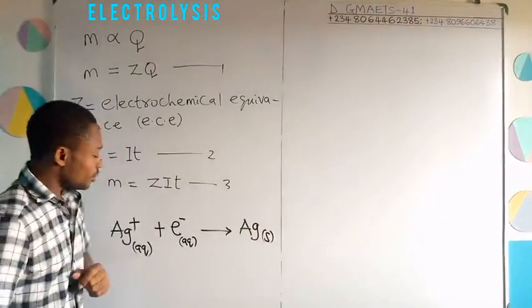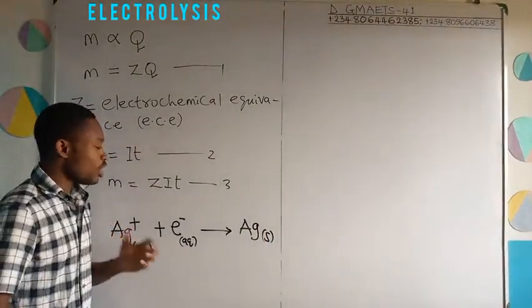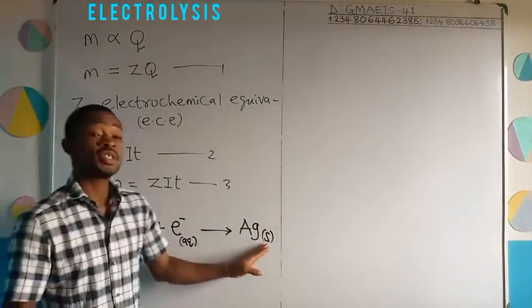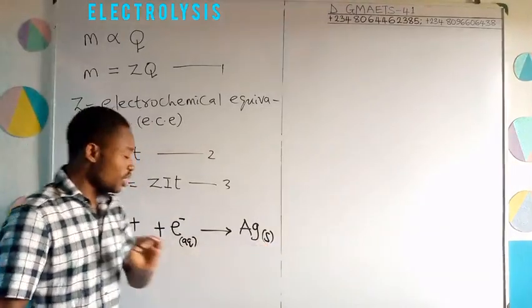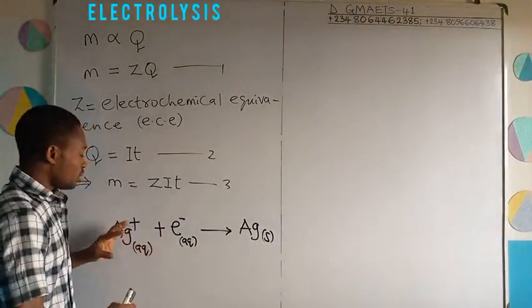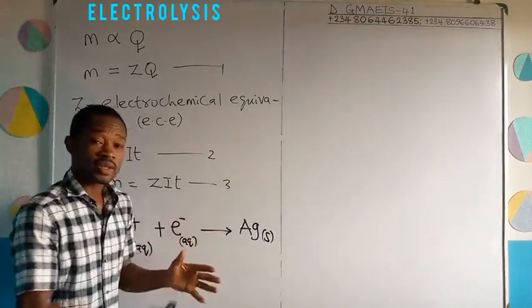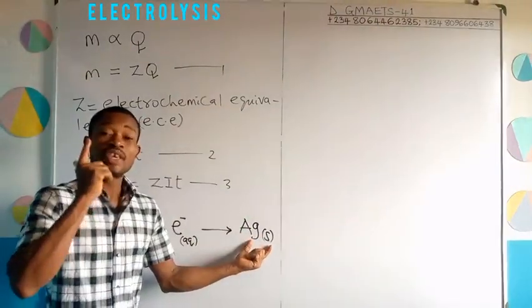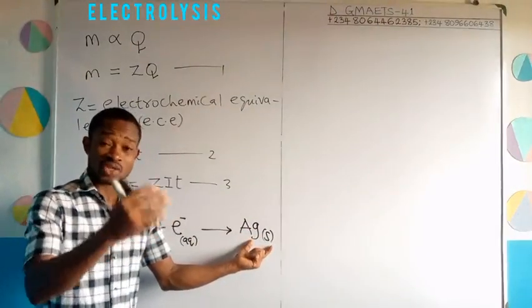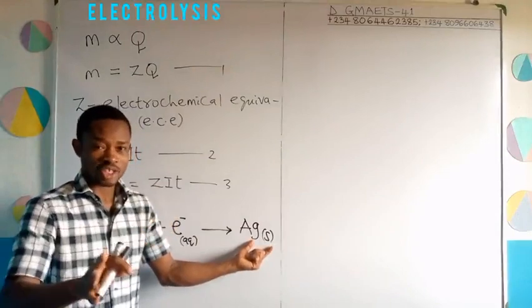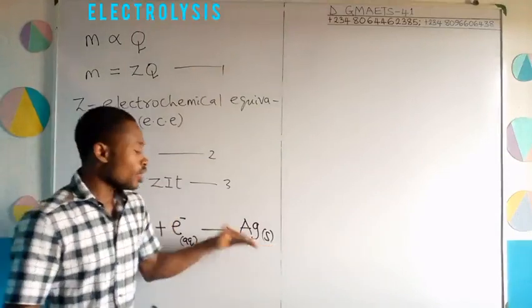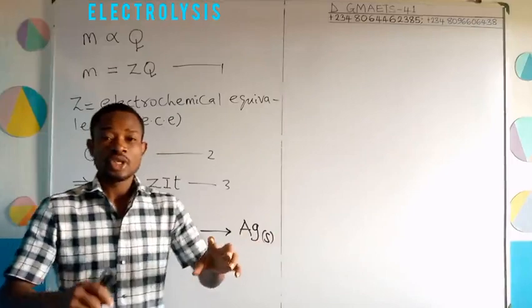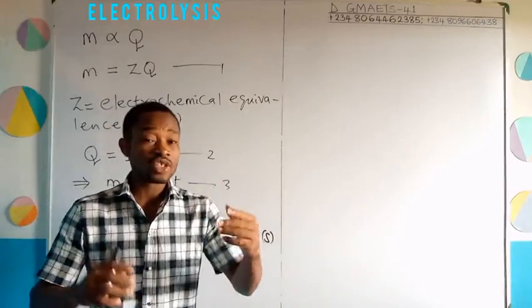Now, I want to tell you something about the number of Faraday that will deposit this silver. Generally, whenever the electrolysis process takes place, the metal will be discharged as a solid at the cathode. I've explained that already. Because the metal is discharged at the cathode, we say that 1 mole of that metal is always given off.